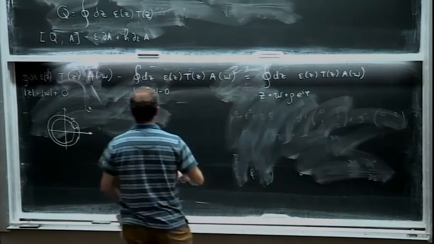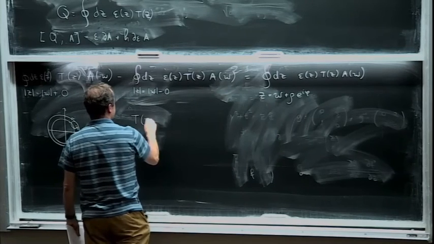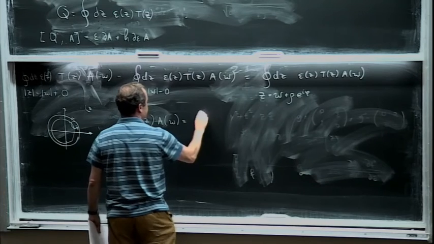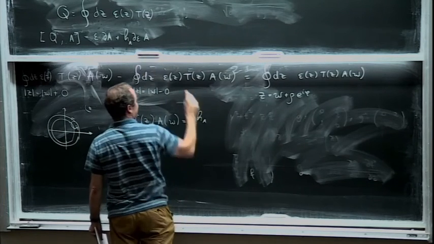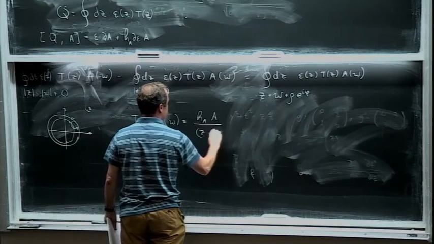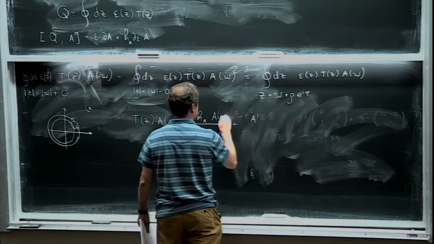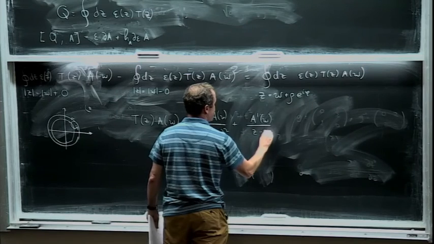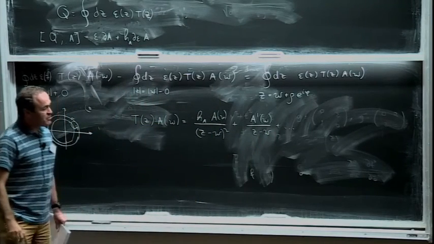It's very easy to convince yourself that the only way to match this formula is to demand that T of z, A of w goes as h_A times A divided by (z minus w) squared, plus A prime of w divided by (z minus w), plus other terms which are not singular when z approaches w.